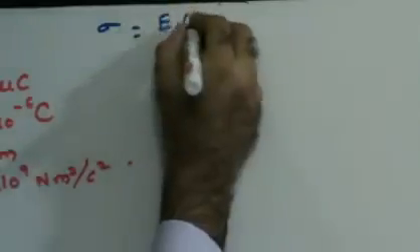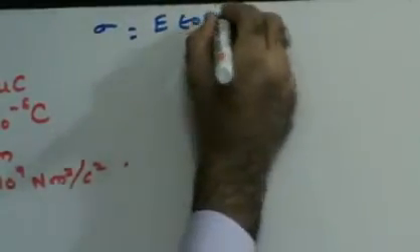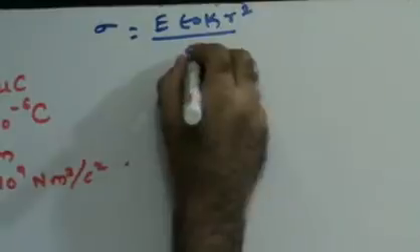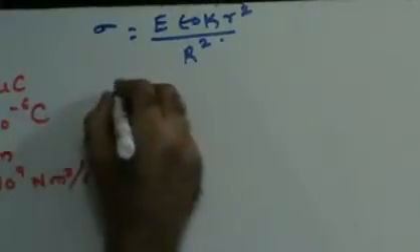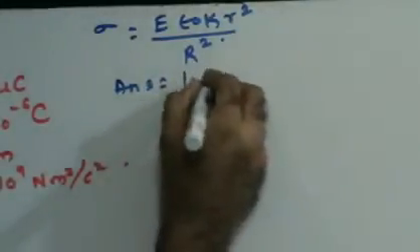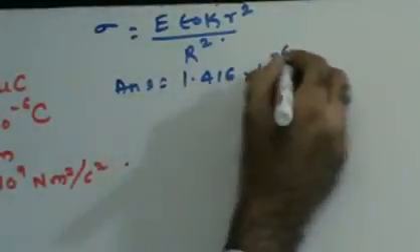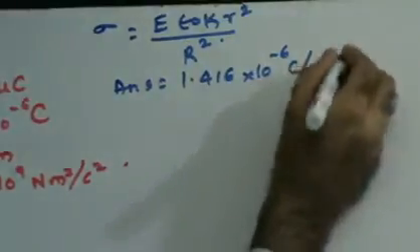So 4 pi gets cancelled, in which case you will get surface density is equal to E epsilon 0 K R square upon r square. So you should be able to get this answer now. You have E, you have epsilon 0 K, small r and capital R. The answer for this sum should be 1.416 into 10 raised to minus 6 coulombs per meter square.